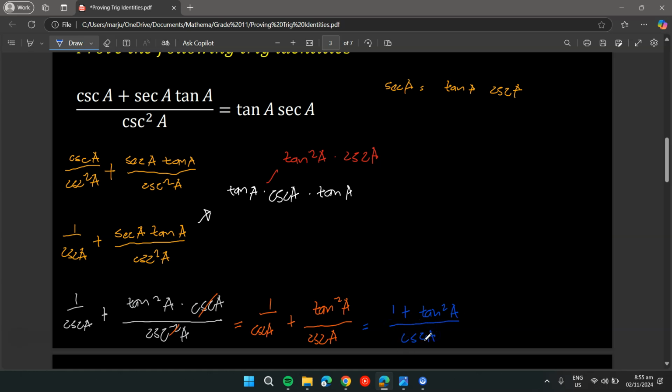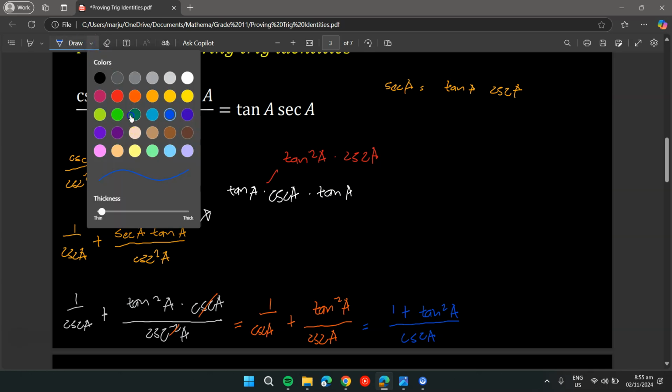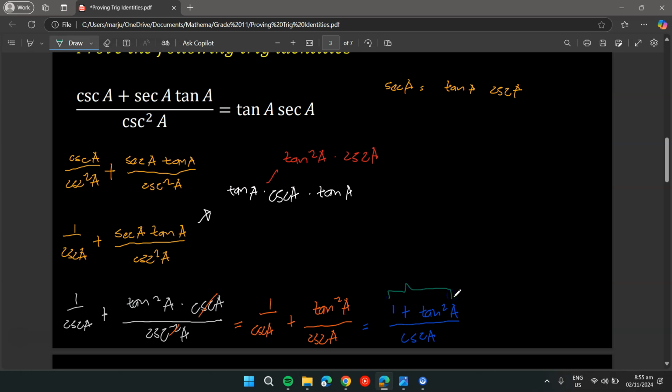cosecant of a. Now, using our Pythagorean identity, we know that this is equal to secant squared of a. I'm used to writing theta. Secant squared of a.